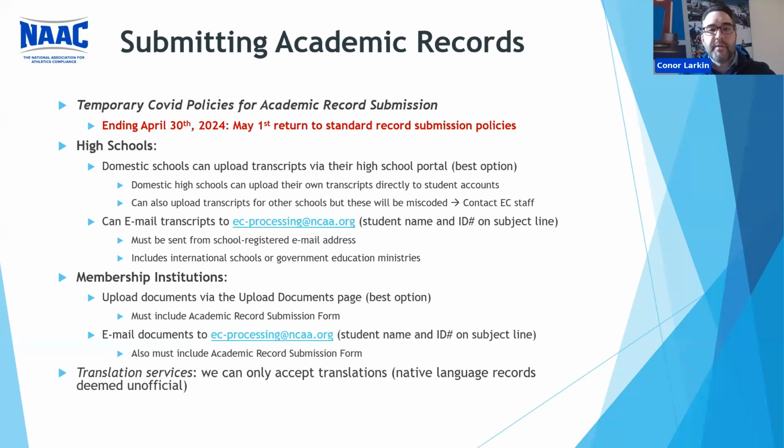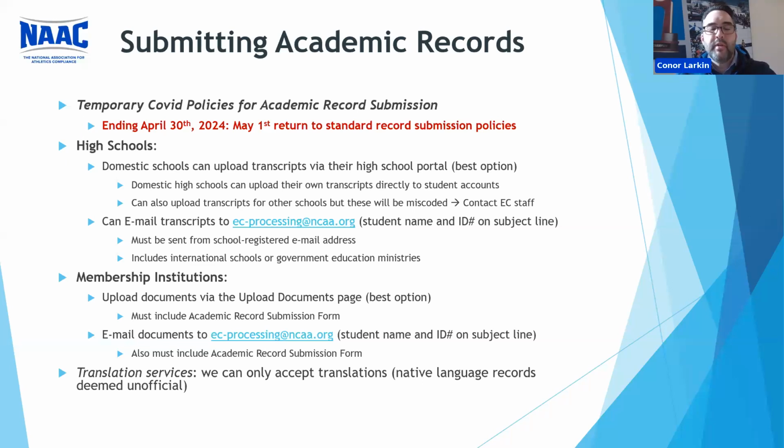You in the compliance office at your member institution also have the option of uploading academic records under the Upload Documents tab located under the Resources drop-down menu. If you submit academic records through your portal, this must include the academic record submission form, which is linked in the Resources section on the bottom right-hand column of the EC Resources page itself.